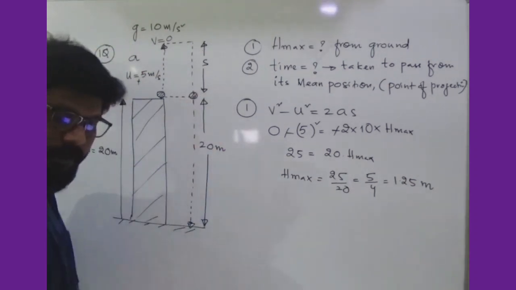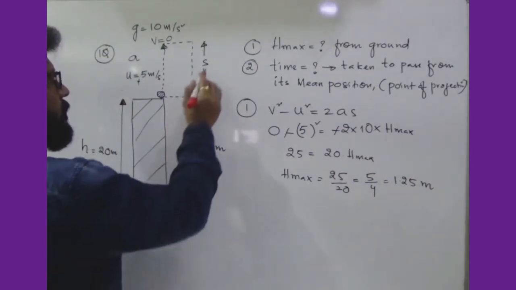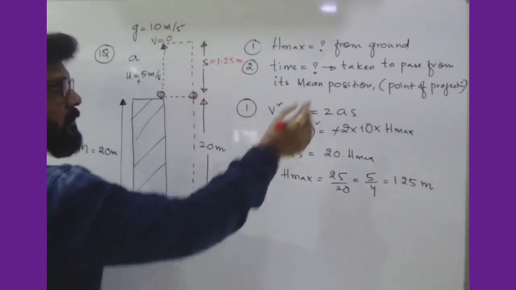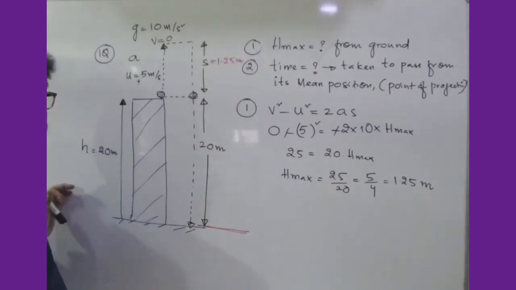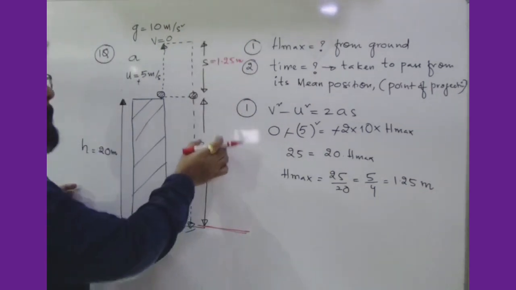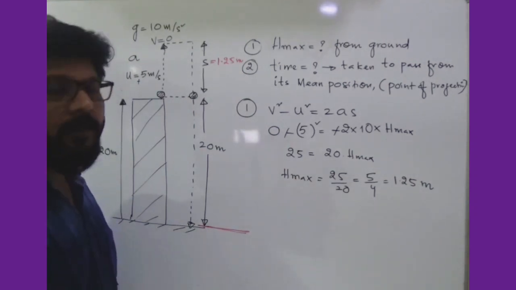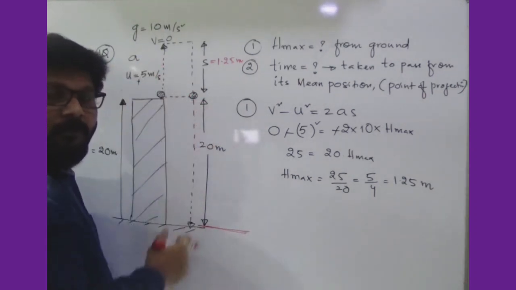So we got 1.25 meters from the point of projection. But what is being asked is the height from the ground, not from the point of projection. From the ground, it is 20 plus 1.25. Hope it is clear.